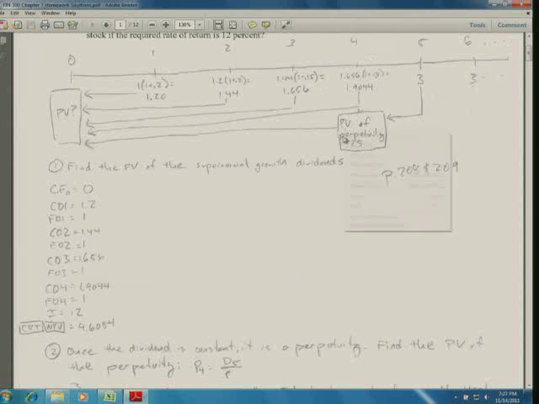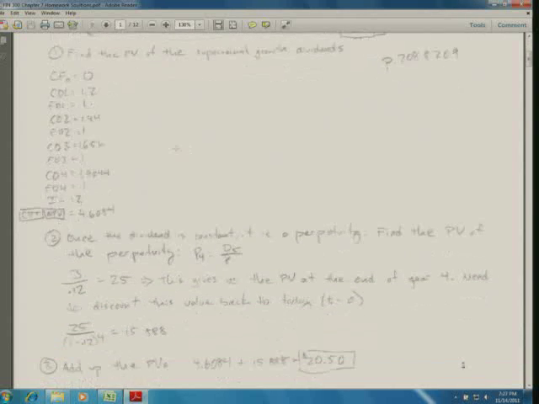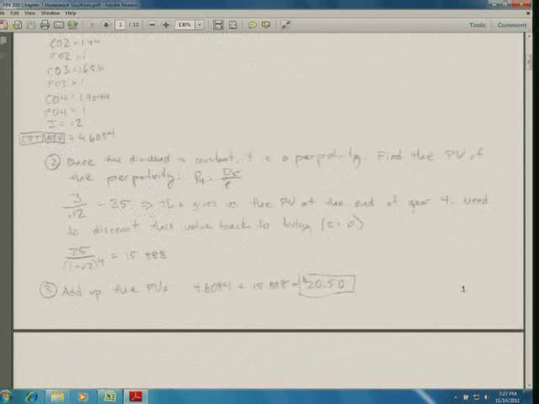Now we have to take that $25 and discount it back to time period 0 so that we can add all these up. We're comparing apples to apples. So we take that $25 and we're going to discount it back to today, to time period 0. And you can either use your calculator to do that, just make 25 the future value, and 4 in and 12 your interest rate, and do it that way.